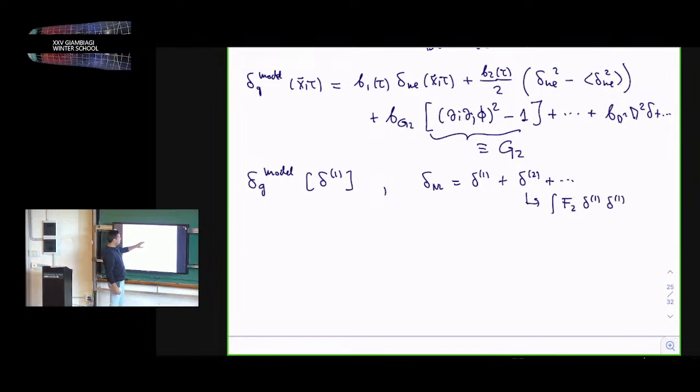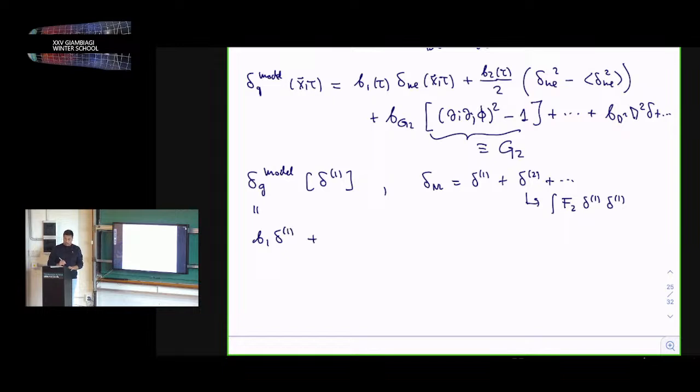So if you want to stay at second order, we are going to have one second order nonlinear contribution from here, which is this one. And then these are already squared, so here we only have to take linear fields and square them. And so this thing, at leading order in perturbation theory, is just B1 times delta linear. This is the only linear term.